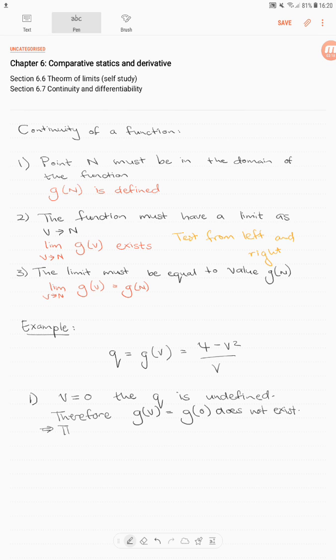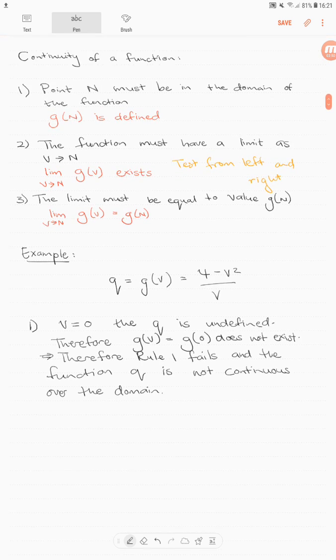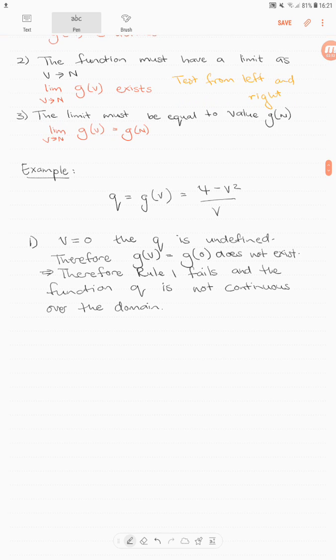And therefore, rule 1 fails, and the function q is not continuous over the domain. The domain in most cases is all real values.